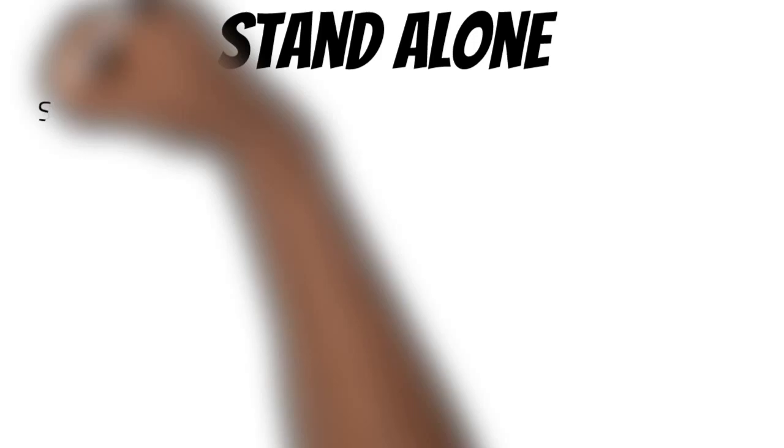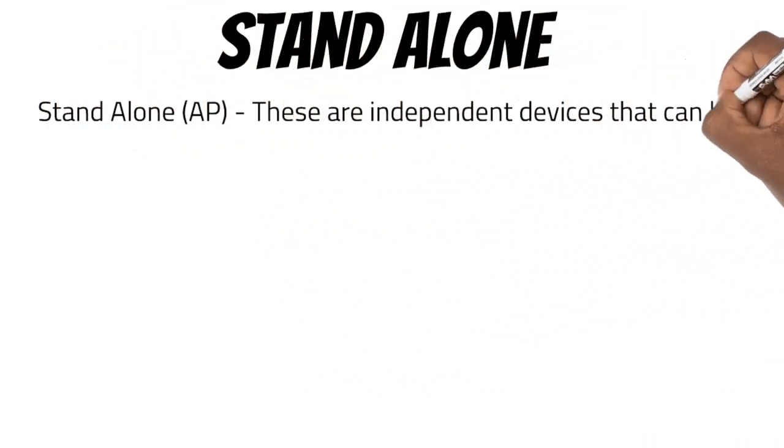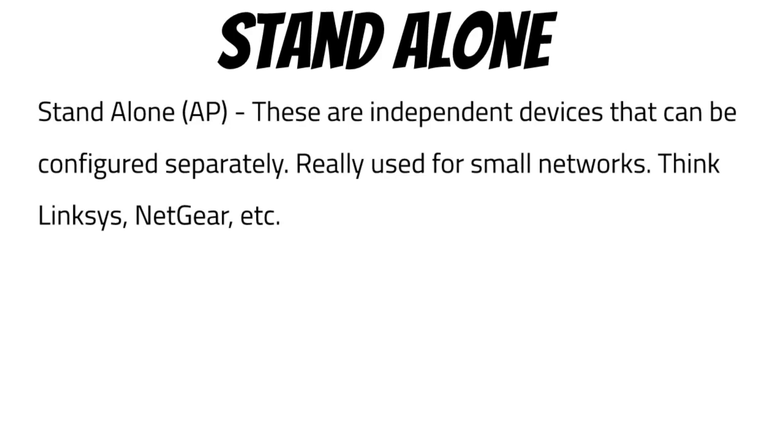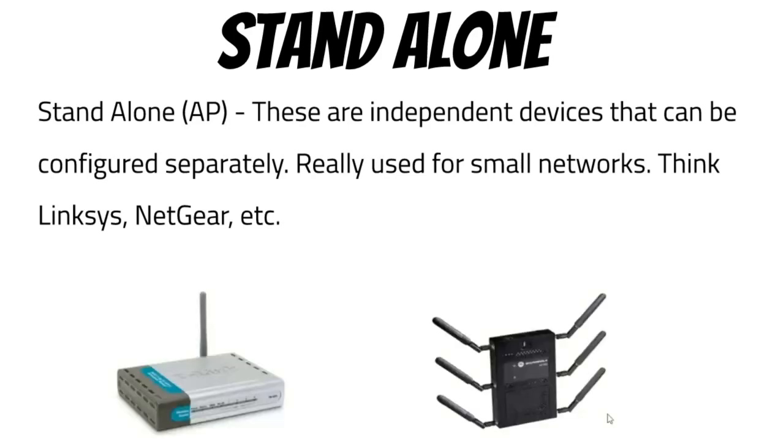The first one we'll talk about is just standalone access points. This is your very generic one, basic, Linksys. All of these you're probably familiar with, your home Wi-Fi routers and stuff. That's what a standalone access point is, made for small to medium-sized networks, not really enterprise level capabilities, just really basic capabilities for Wi-Fi or wireless networks.